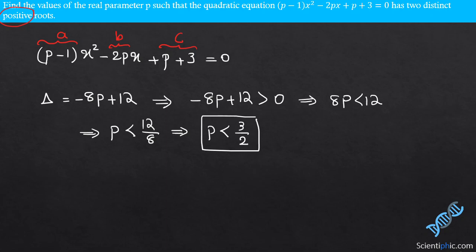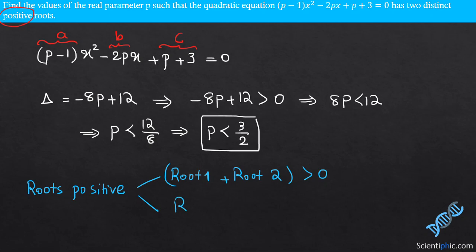Okay, so if the roots are positive, it means that if we add them, root 1 plus root 2, that should also be positive.